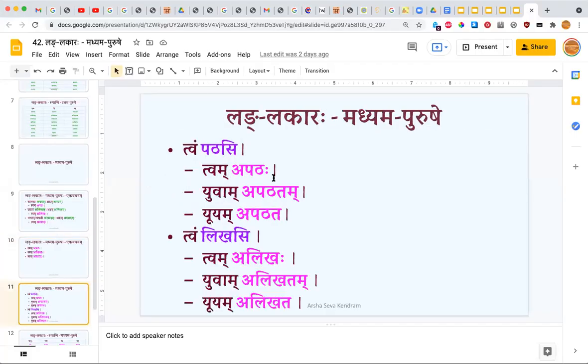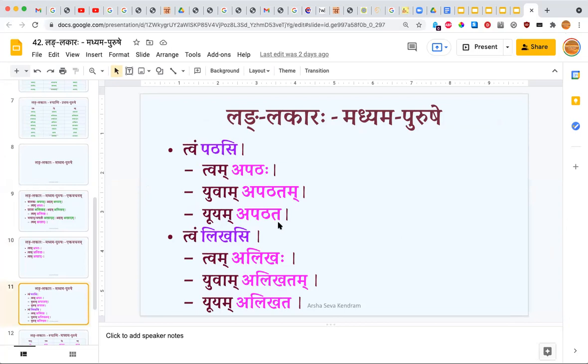So, tvam apataha, yuvam apatatam, yuyam apatata. Can you all see my screen? Yes. And please make a note, this doesn't have a halanta, it is apatata, not apatat.